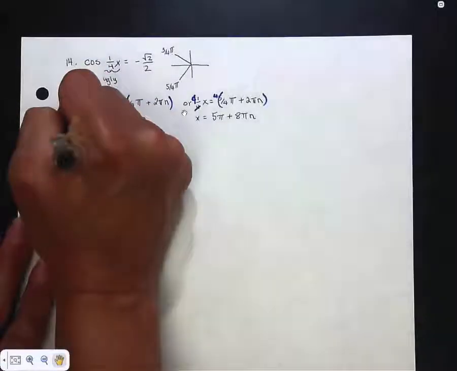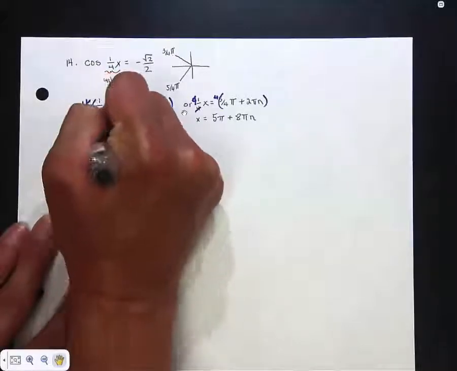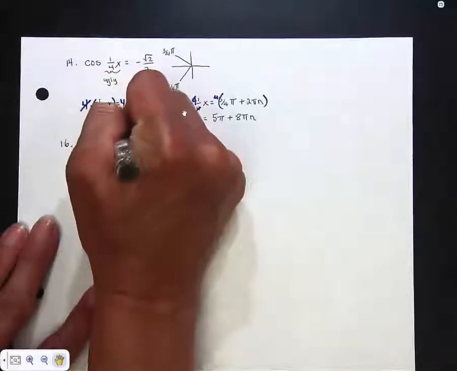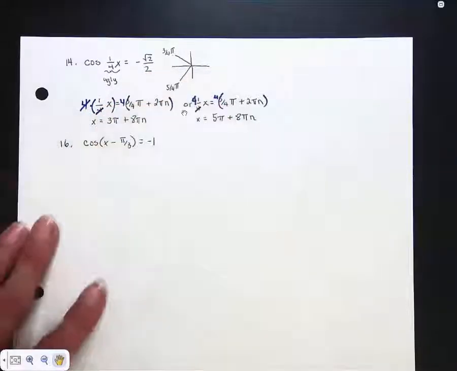All right, number 16. Cosine of x minus pi over 3 equals negative 1.